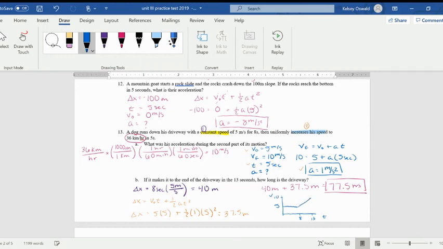What we could do is find the area of our velocity versus time graph and solve for our displacement. So that's another way we could have solved this one. Create a velocity versus time graph to describe your motion, and then if you find the area of that graph, that would also give us a displacement of 77.5 meters. So a couple different ways we could have looked at it.